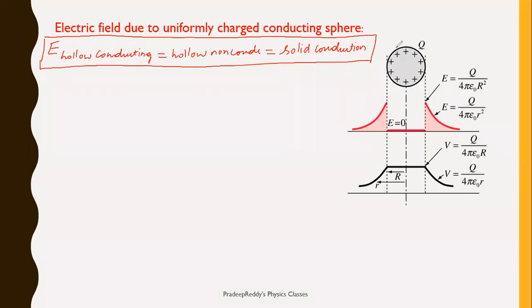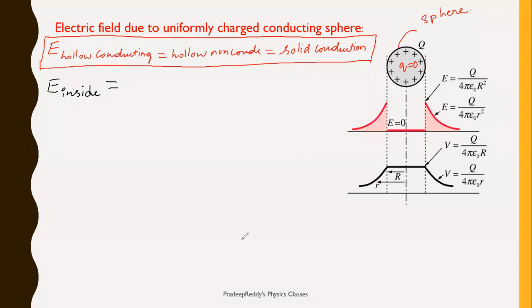Okay. Now this is solid or hollow, whatever it can be. Let me take it as a sphere. For this sphere, charge inside will be equal to 0. Now we need to find out the field inside the material.